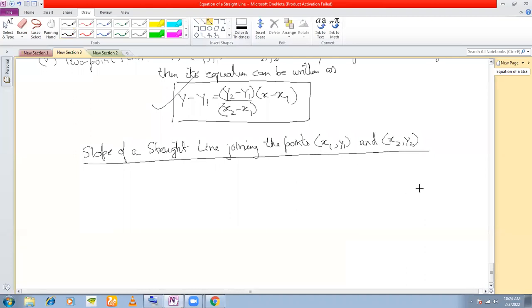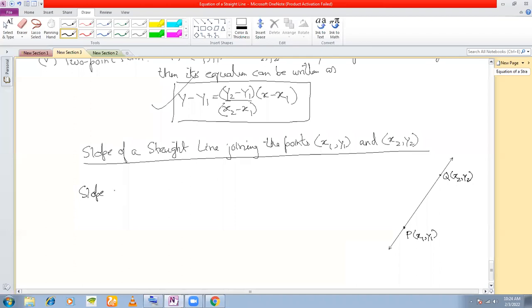So suppose you have a straight line in which you know 2 points. Say you know P (x1, y1), and another point you know, say Q (x2, y2). Any 2 points you know. Then how will you find out the slope of this straight line?